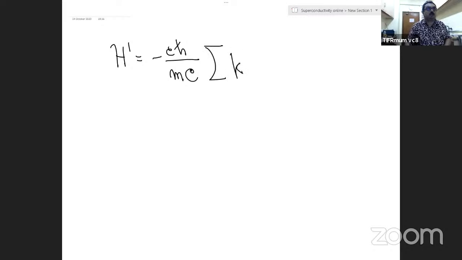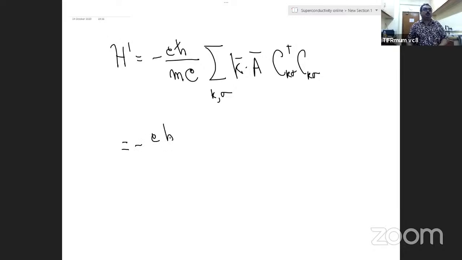You know that the second quantized Hamiltonian that I have written before was the sum of E_k minus eħ/mc k·A, c_kσ† c_kσ, provided the A does not have much spatial variation. Again, I have to write this in terms of the Bogoliubov quasiparticle operators if I have to know what happens for the quasiparticles.